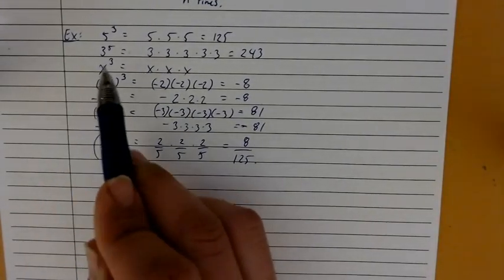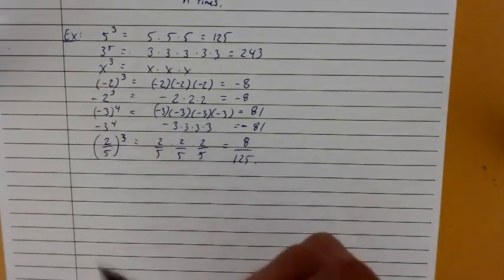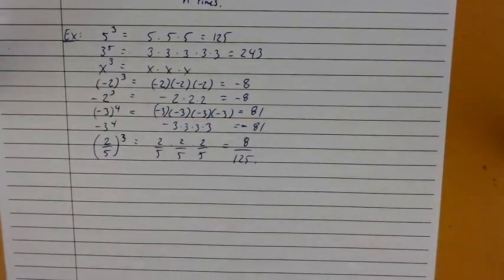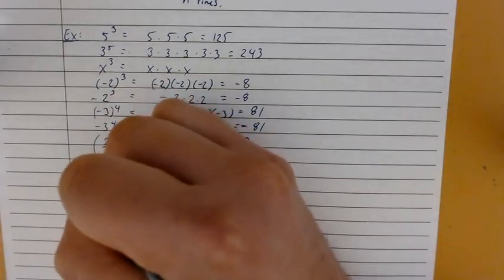Now, up here, I had an example where I had a variable instead of a constant. Let's look more closely at problems like this. And let's remind ourselves of what the word evaluate means.